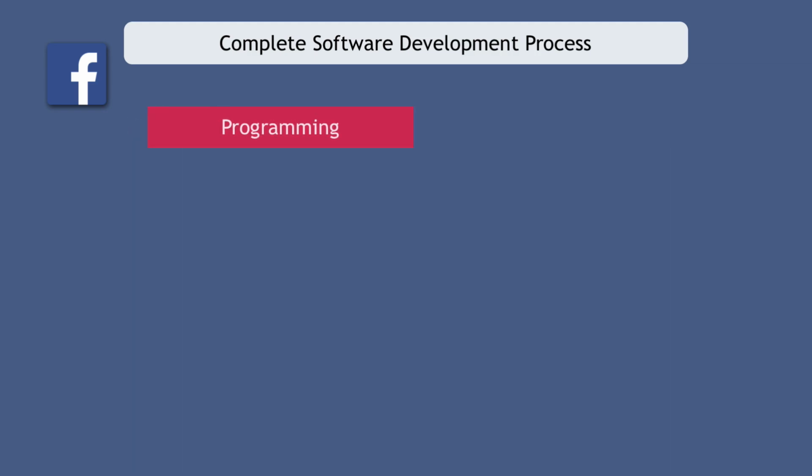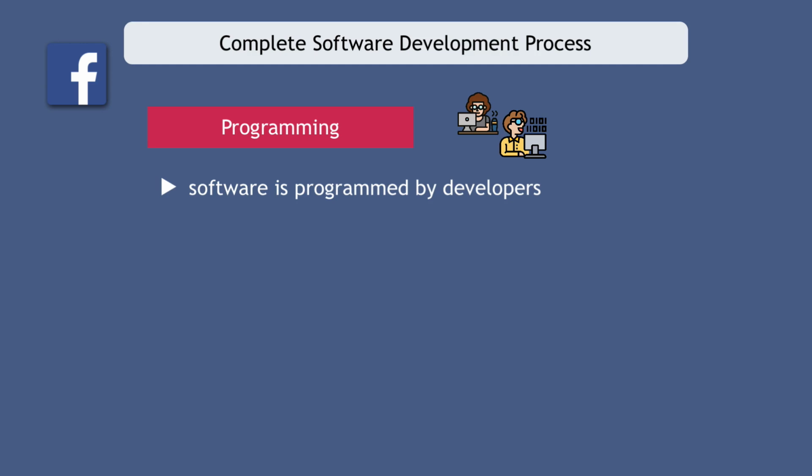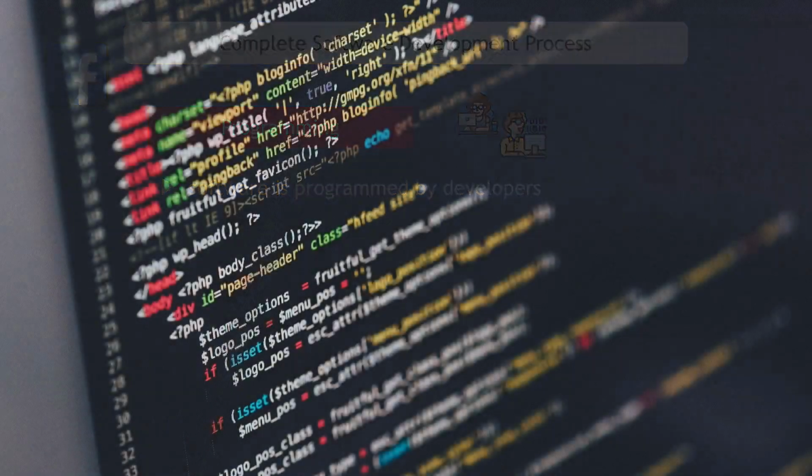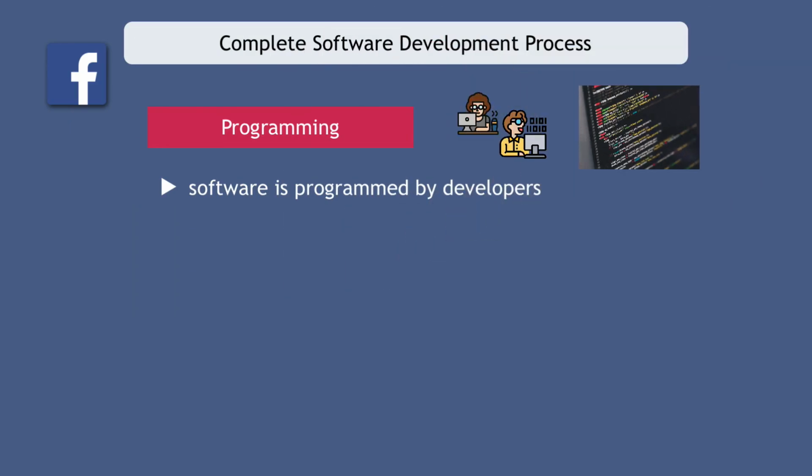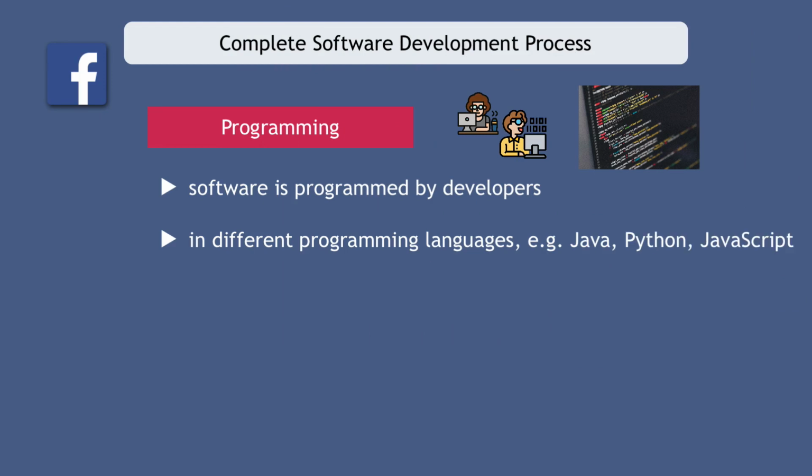So first, let's start with the programming. Facebook is basically a software, an application that needs to be developed by a developer team. On a higher level, developers code the application in various different programming languages. Developers work in teams. If it's a small application, then you would have one team per application. If it's a huge application like Facebook, you will have multiple teams, probably per feature.